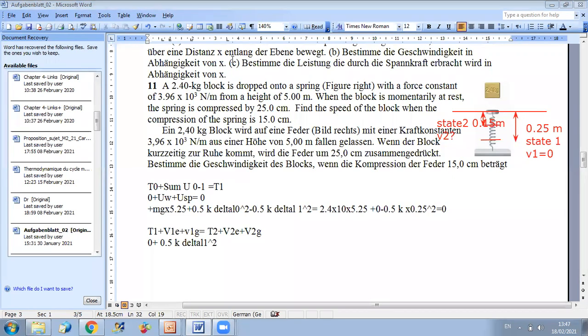We took a reference here. This is the reference line. Since I am below the reference, this means that I have a negative potential. So here I have minus mg times h, which is here, times 0.25.